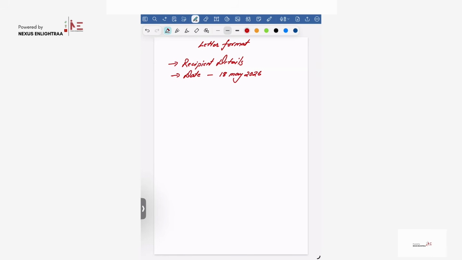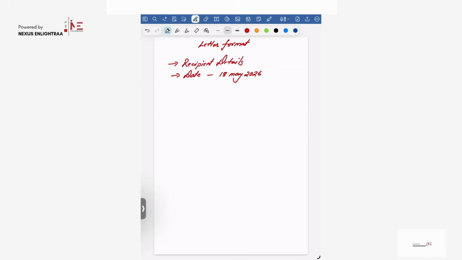We do not write it as 18/05/26. Don't write like this. It should be day, month, and year. Always write the date on which you are appearing for your test.